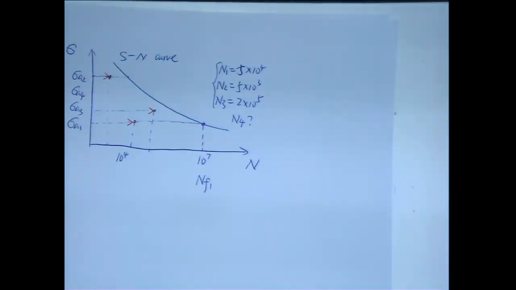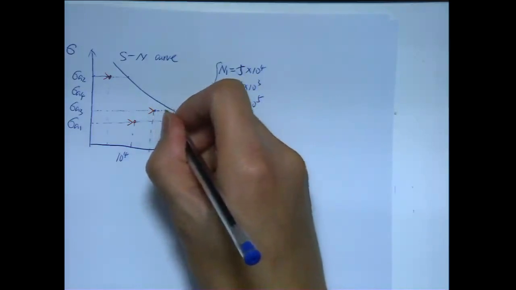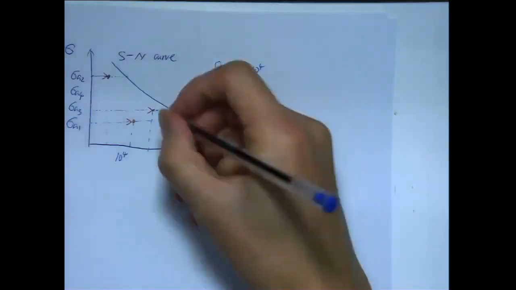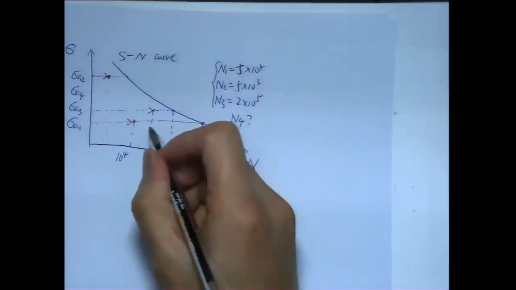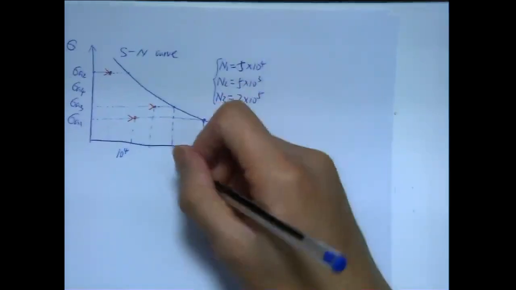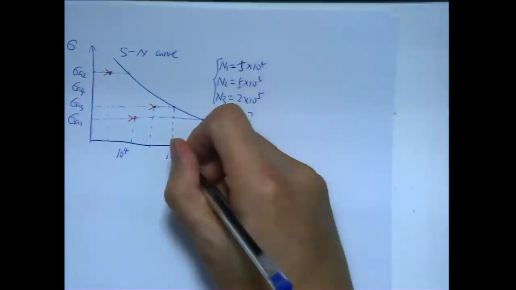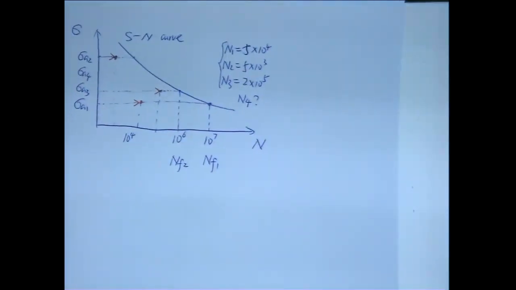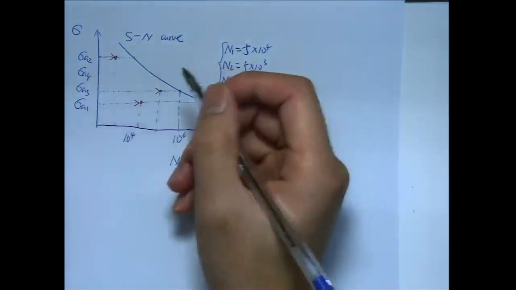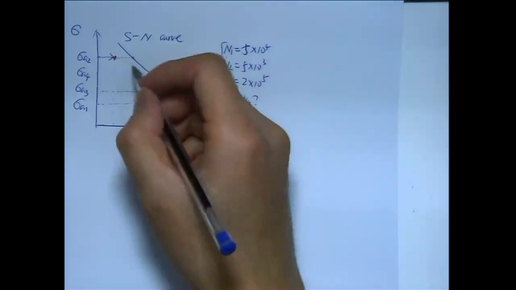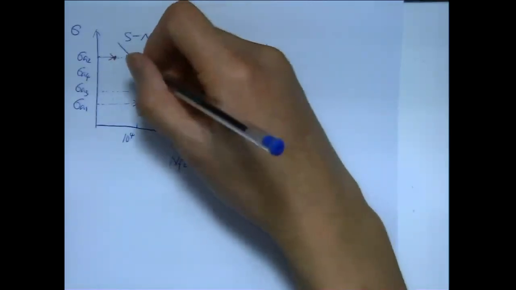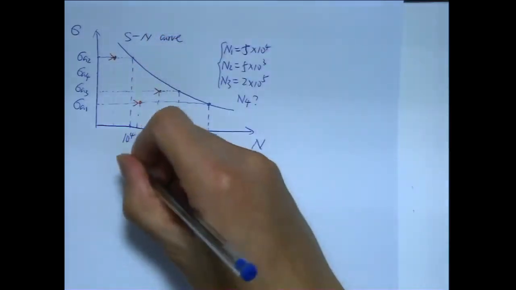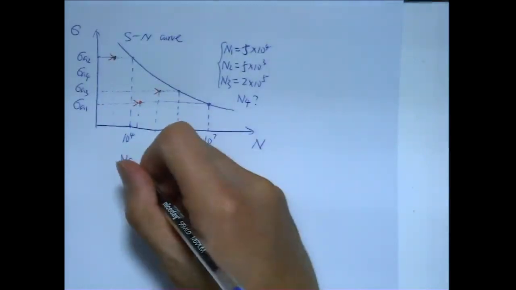And sigma A3, if you go to here, I should use another color, sorry. Just forget some of the dashed line, it may confuse you. At sigma A3, you have a failure cycle, a fatigue life, NF3.